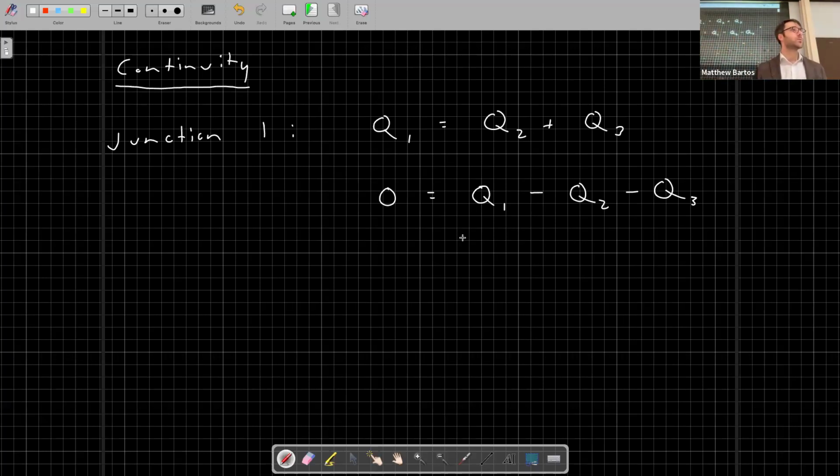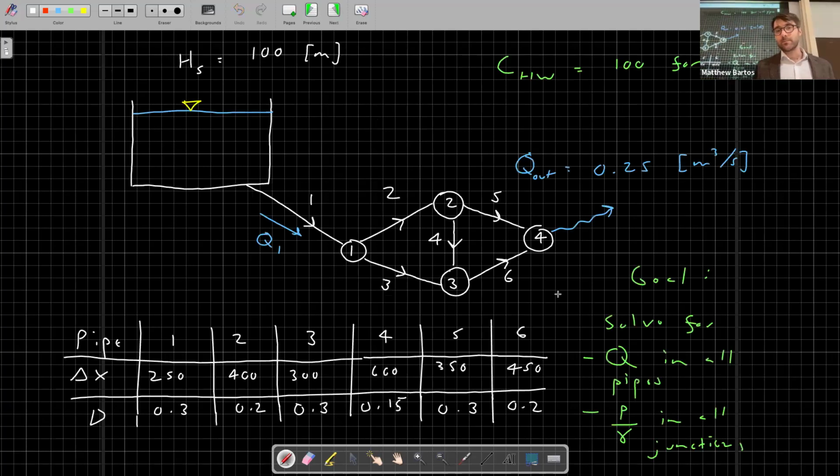Okay, let's just do it for one more so you can get the gist of it. All right, let's pick junction 4. What is the continuity equation for junction 4? Exactly.